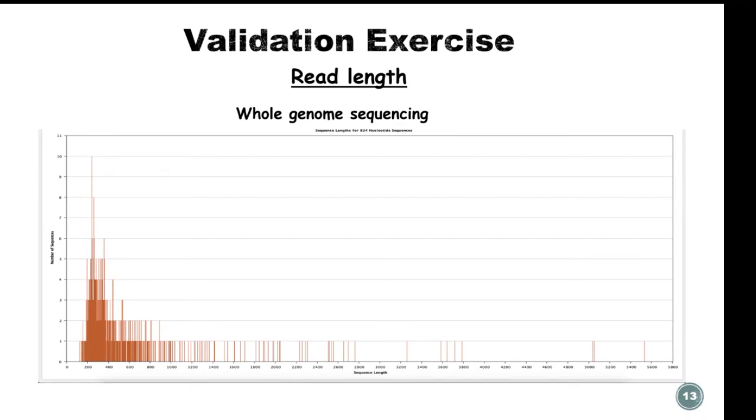This one also shows you the length of reads that map to the mitochondrial genome. This is for the whole genome sequence. You can see the largest read length was around 5,000 base pairs.